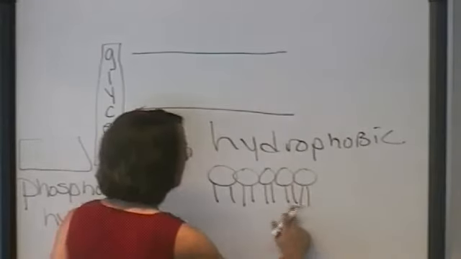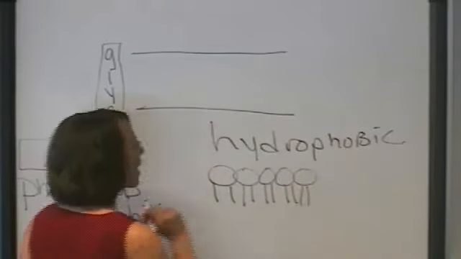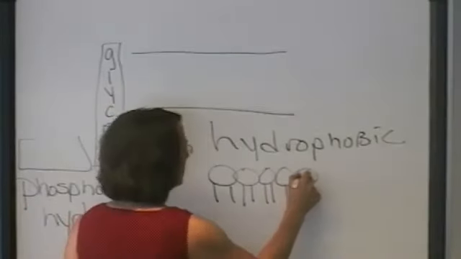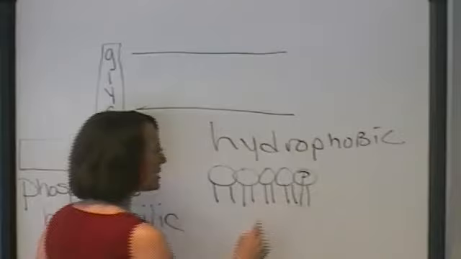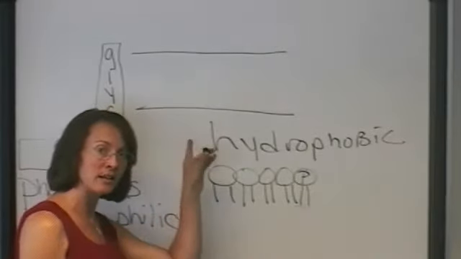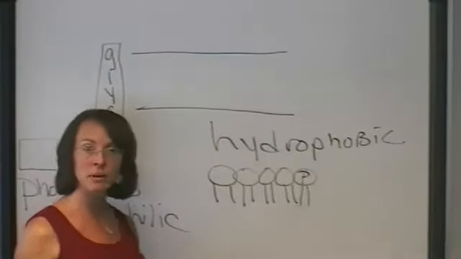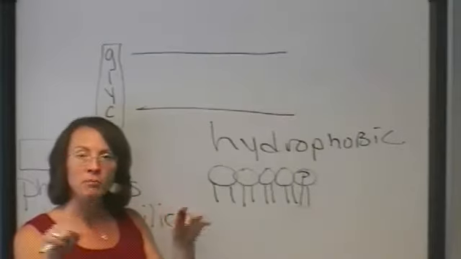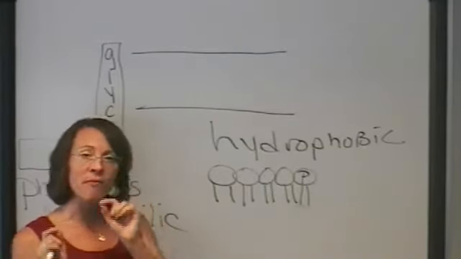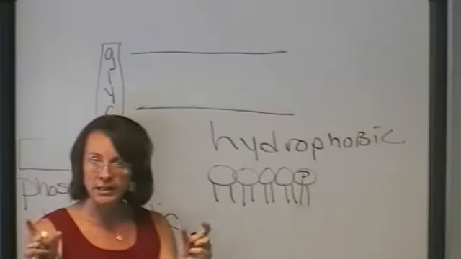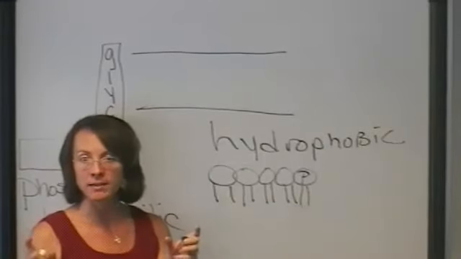The head is the phosphorus, and the two tails are the fatty acids. That round portion of the double-stick lollipop is phosphorus. The two sticks hanging down are fatty acids.